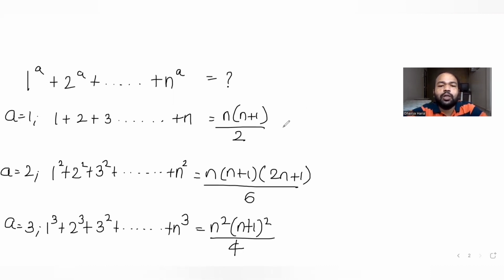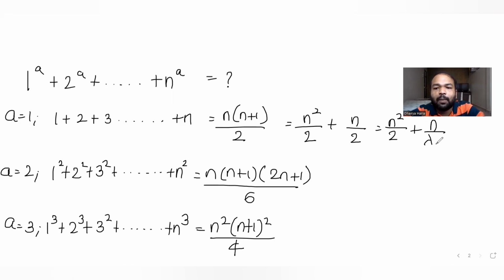Solving the first further, I get n square by 2 plus n by 2. So I can write this expression as n square by 2 plus n upon lambda 1, where lambda 1 is some constant.